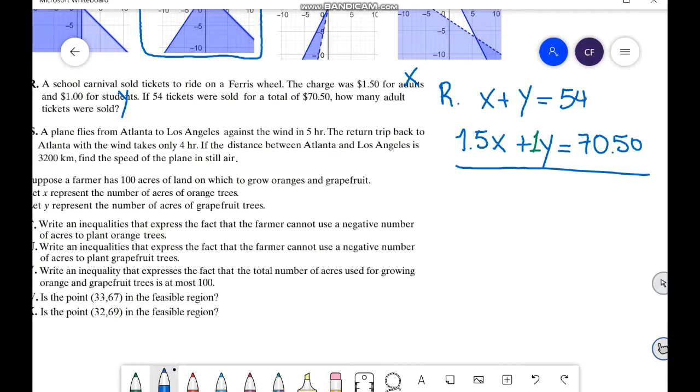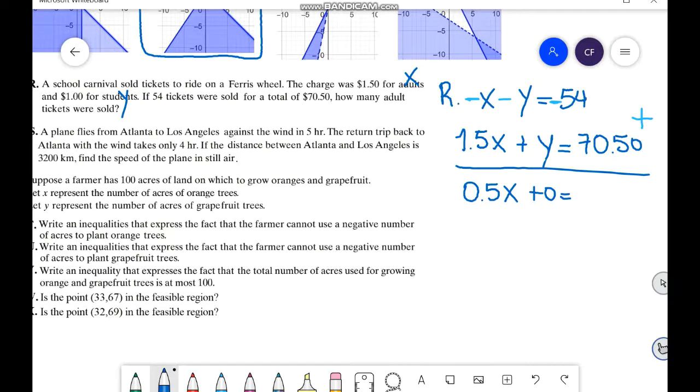I will multiply the first equation by -1, and then we have negative x minus y equals -54. Okay, and let's add both equations here. Negative x plus 1.5x is 0.5x, negative y with positive y is 0, right?